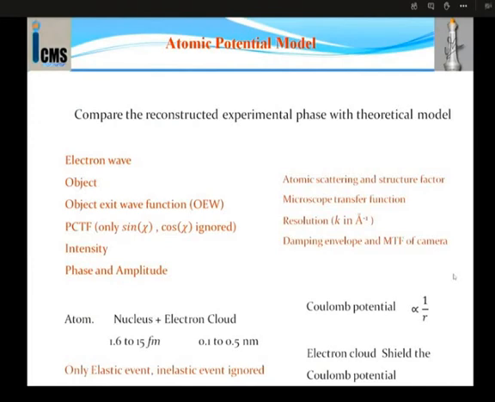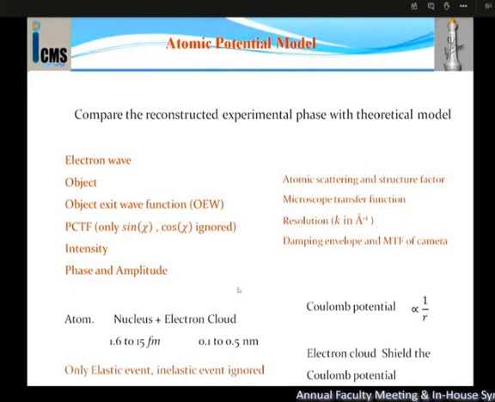You also need to model the system: how the electron wave and the matter interact, and how the wave is further changed due to the lens parameters or lens aberration, to calculate the intensity, phase and amplitude eventually.